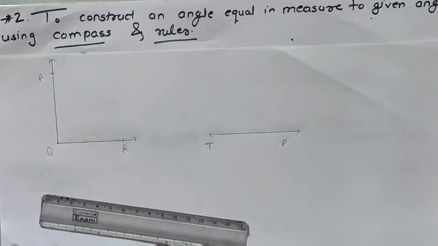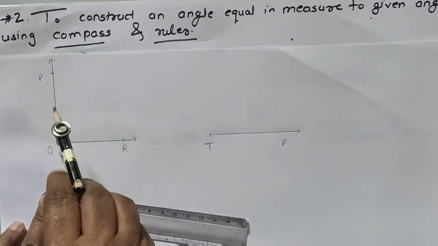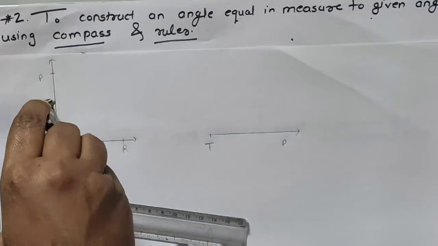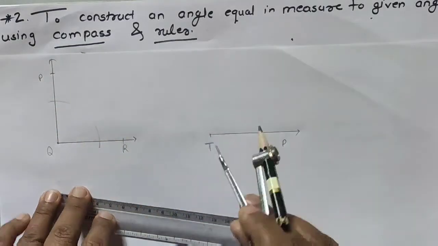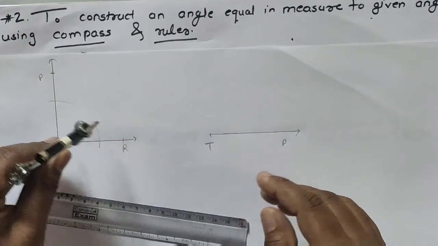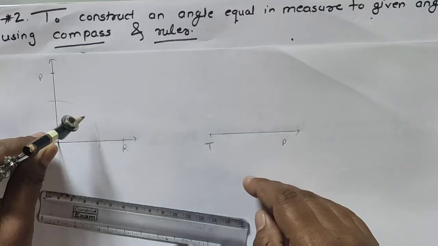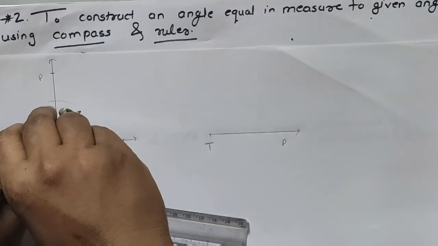Now the steps of construction: take a sufficient distance in the compass, put it on Q, and draw the arc which intersects both the arms of the angle. Now put the point on T, don't change the distance.